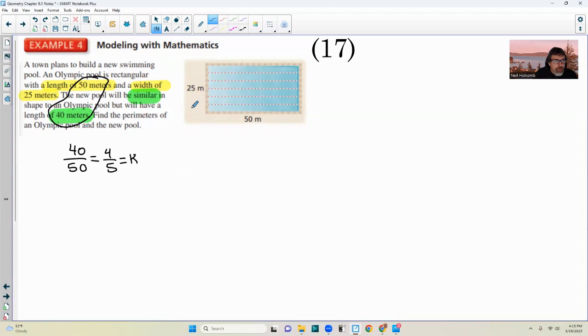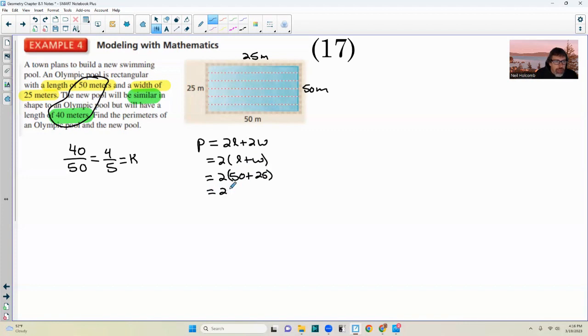So now we have to find the perimeter of this. If this is 25 meters and this is 50 meters, perimeter equals 2 times L plus 2 times W, or you could write it as 2 times L plus W if you factor out that 2, which is 2 times 50 plus 25.